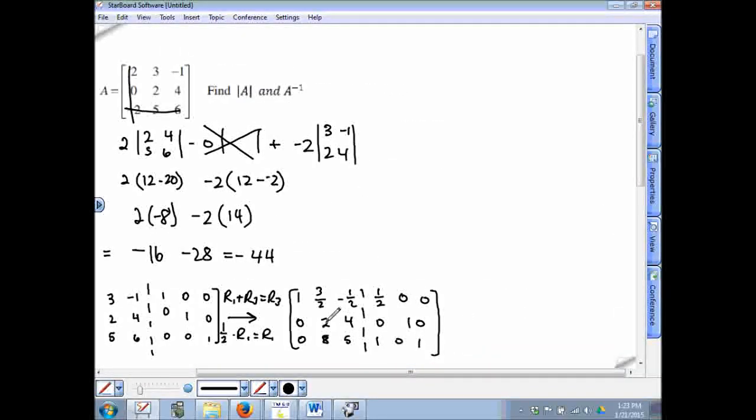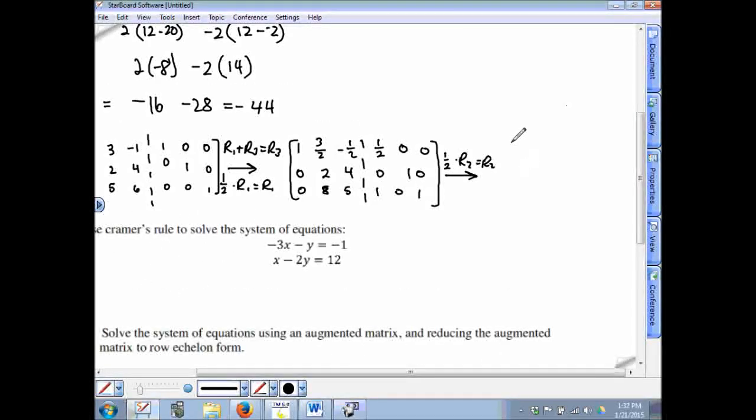And the next thing we need to get is, this should be a 1. So we could do 1/2 times row 2, and that's going to equal row 2. So this is going to give you, in row 2, 0, 1, 2, 0, 1/2, 0.